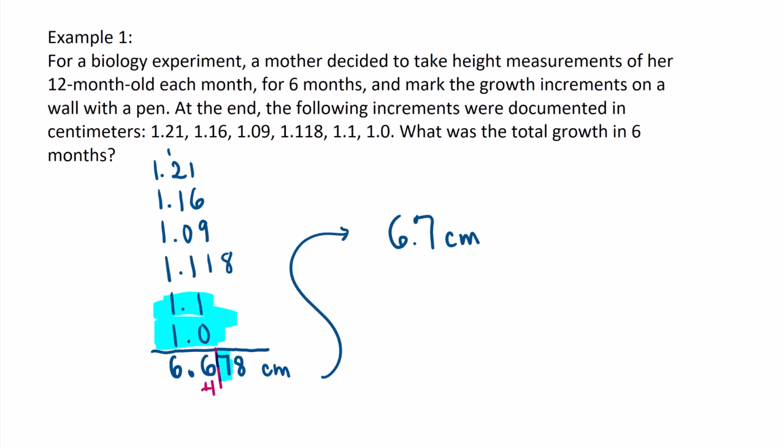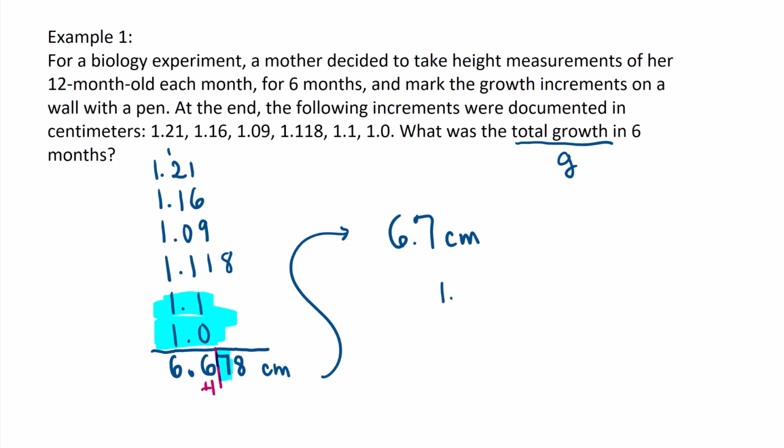This is an accurate sum because our least accurate value is 1 decimal place. If we were to write this as an equation, we could assign total growth to be G, and we could say that the sum of the lengths equals the total growth.